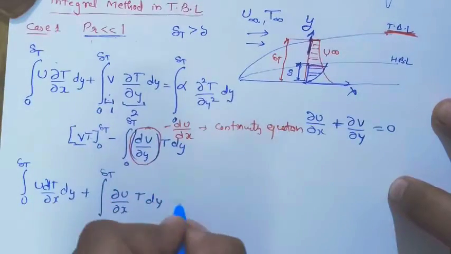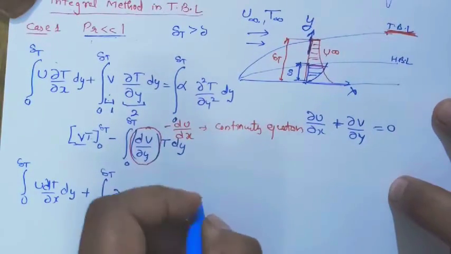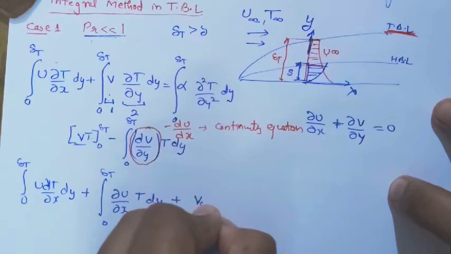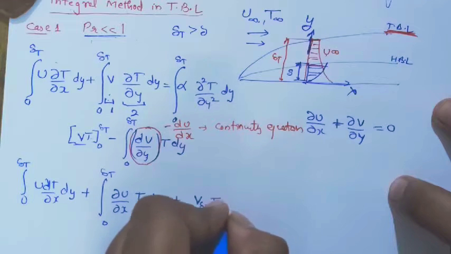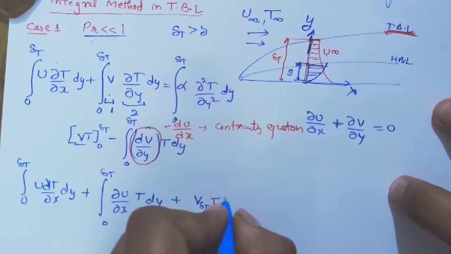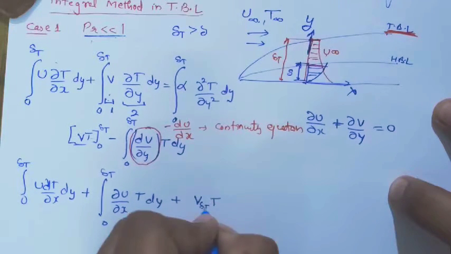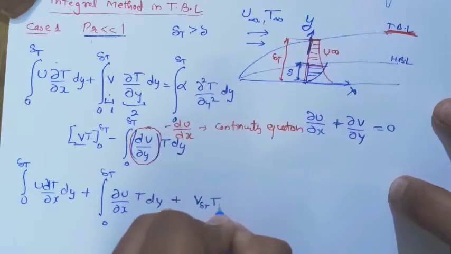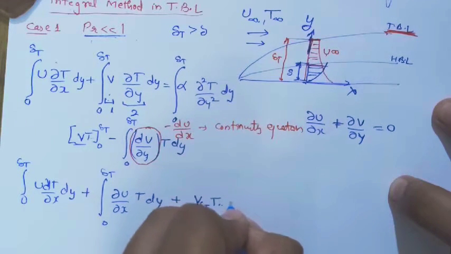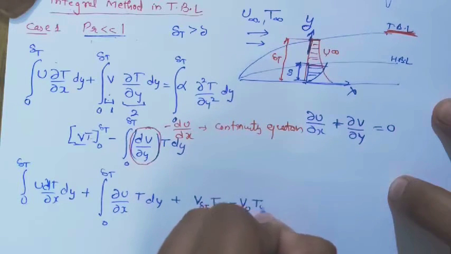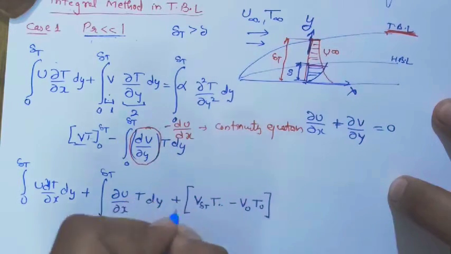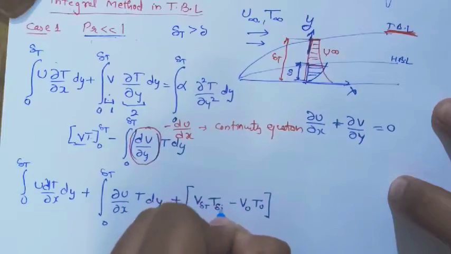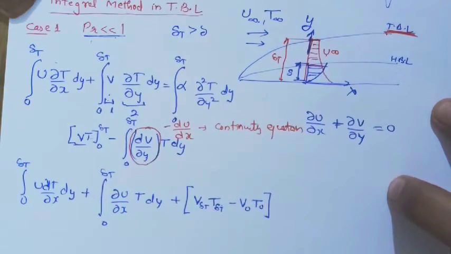And this term is plus V of delta T, T of delta T minus V of 0 and T of 0, right?